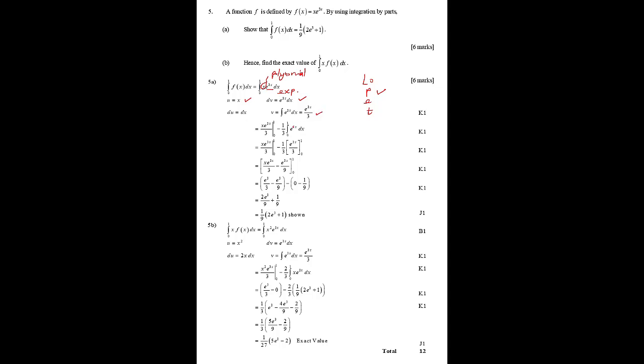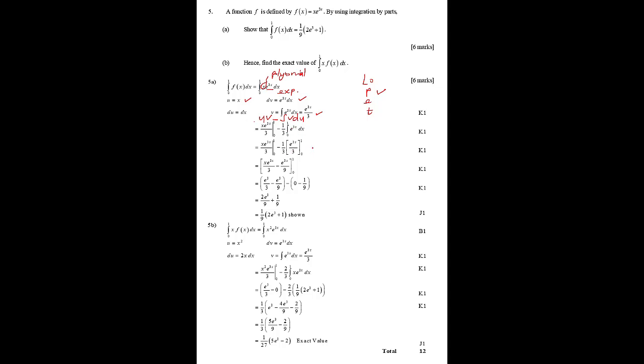Then you need to substitute into the formula of integration by parts, which is uv minus integral of v du. Then you need to continue integrating v du.